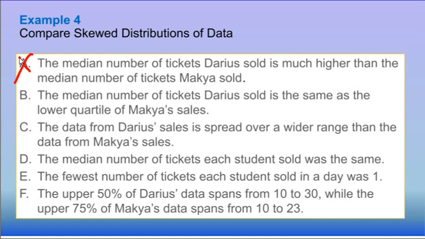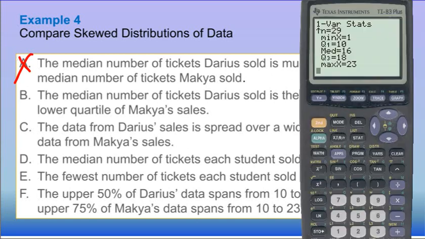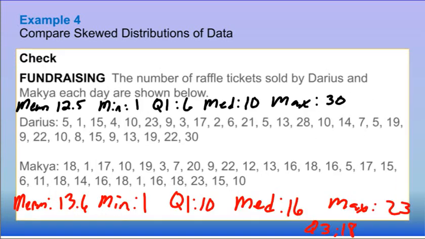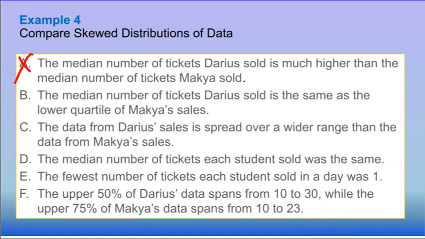The median number of tickets Darius sold is the same as the lower quartile of Micaiah's sales. The median was 10. The quartile 1 was 10, so they were the same. So letter B would be true.